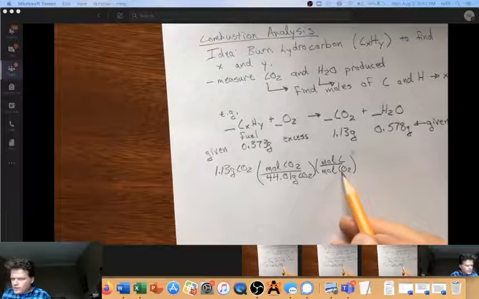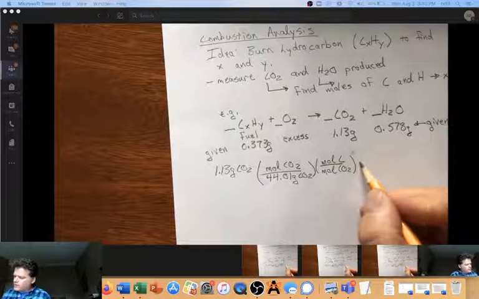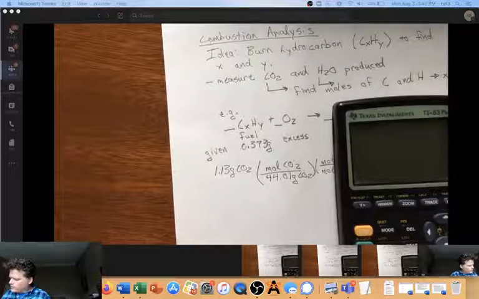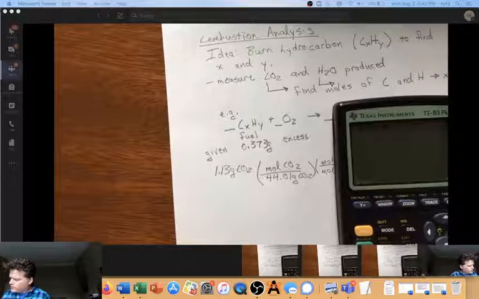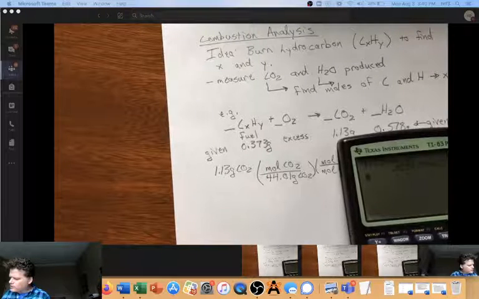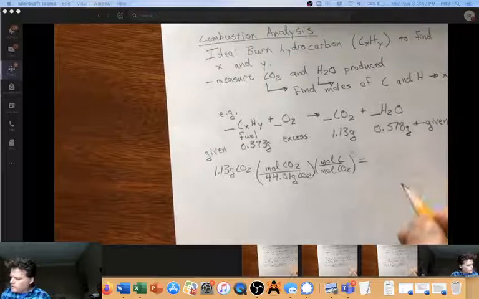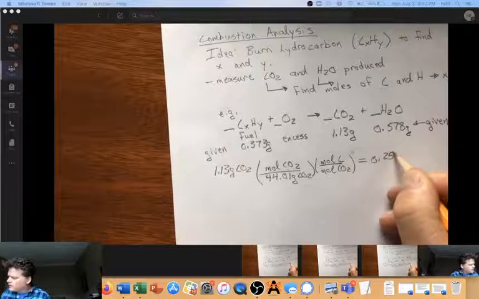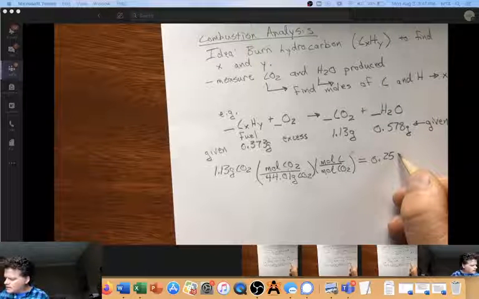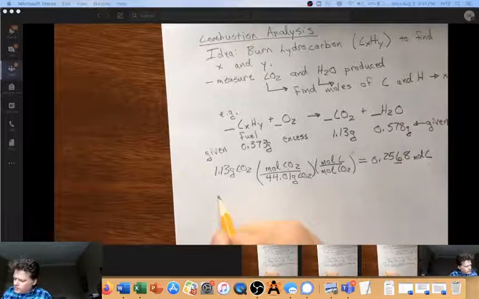I know we don't write the 1, but the 1 is there. If you punch this into your calculator, 1.13 divided by 44.01 equals 0.02567, and I'll keep one extra digit for now, 0.02568 moles of carbon.